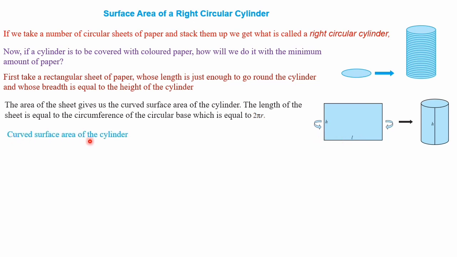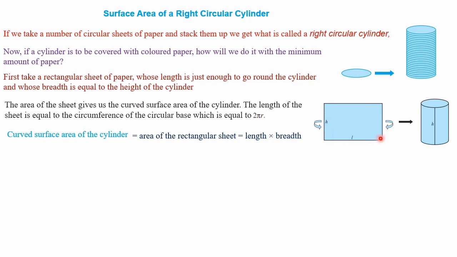For the curved surface area of the cylinder, we can calculate the area of the rectangular sheet. This sheet exactly covers the outer curved portion of the cylinder, so the curved surface area is equal to the area of the rectangular sheet.